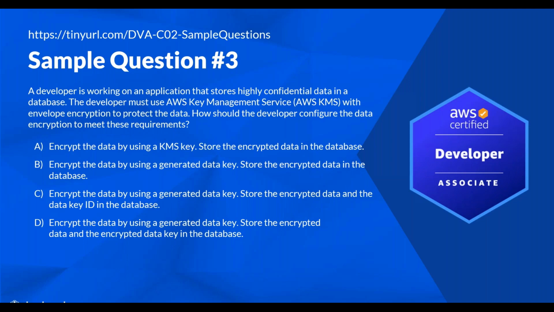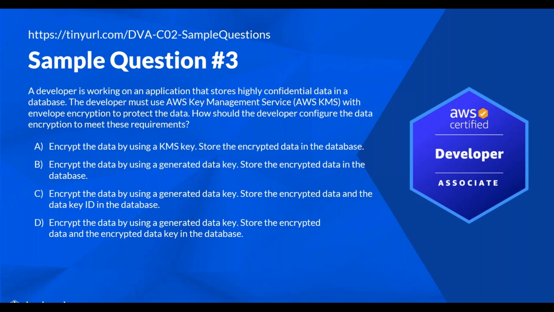So looking through these answer choices, it looks like there's two parts to each of these answers. So if we see one part of this that's totally incorrect, we know we can rule that answer out. It looks like for the first half, it wants us to determine whether we're going to be encrypting the data by using a KMS key or by using a generated data key.